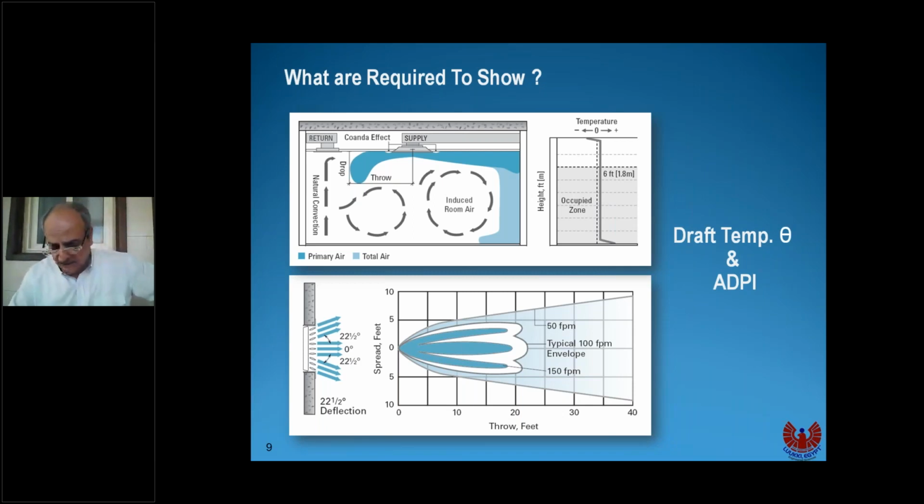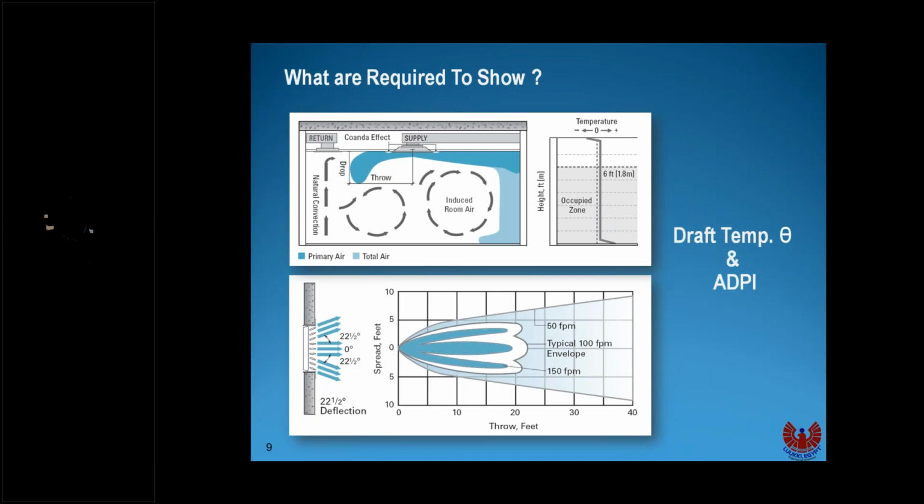I don't need to go into detail of the air diffusion performance. I described the situation of the air distribution inside the room. It is not a factor for the outlet.